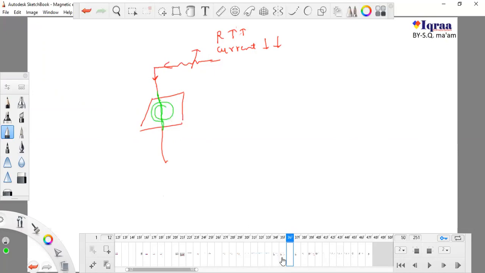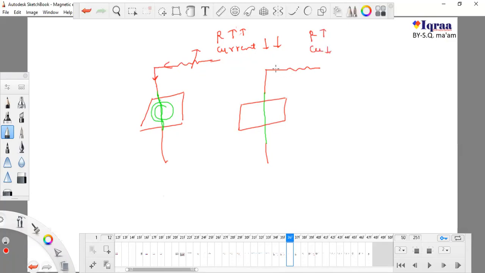If I use another case, I just increase this. In this case the resistance is a bit high and the current is a bit low.